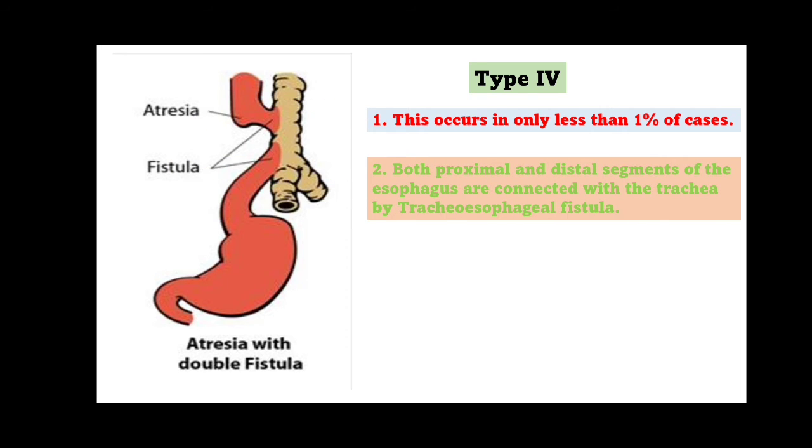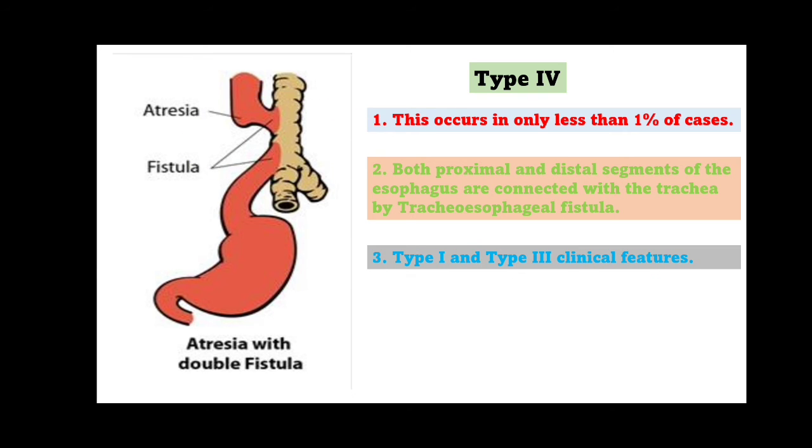Both proximal and distal segments of the esophagus are connected to the trachea by a tracheoesophageal fistula. As you see in the picture, both upper and lower ends are connected to the trachea. In this type, we get clinical features of presentation as in type 1 and type 3 anomalies of the esophagus.